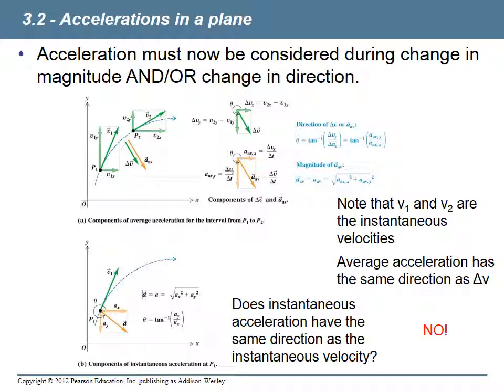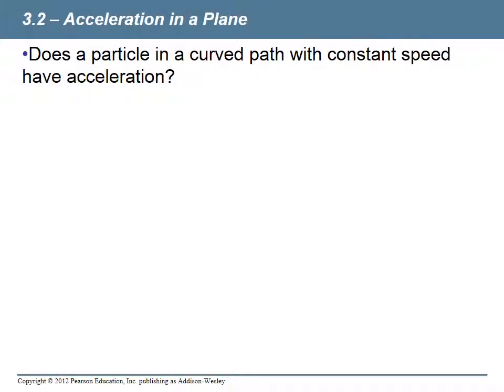There are actually only two special cases: one where it has the same direction, and one where it would be 180 degrees off, and that's if it's just speeding up or slowing down in a straight line. But we'll talk about these special cases more in a second.